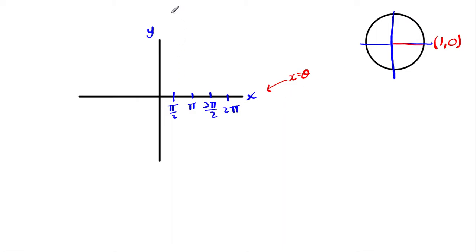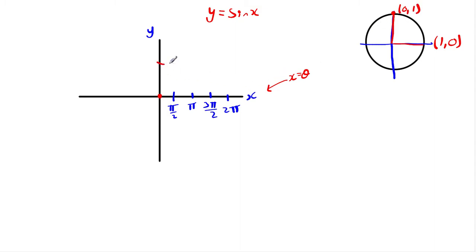So if I'm graphing y is equal to the sine of x, when x, or theta, when the angle is 0, the sine is 0. The sine of pi over 2 is up here, and that's 1.